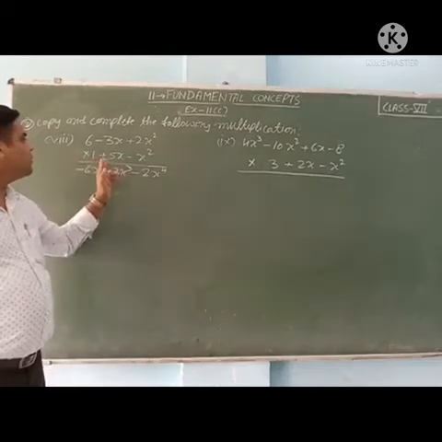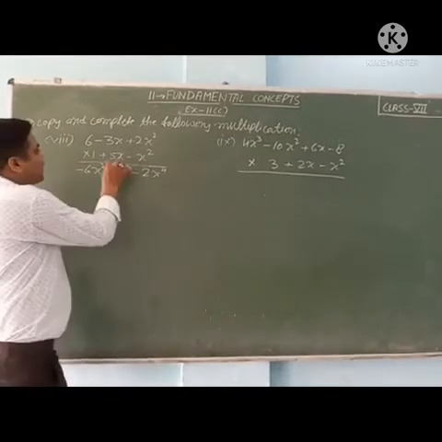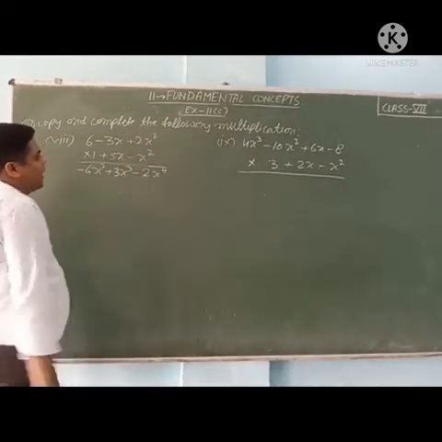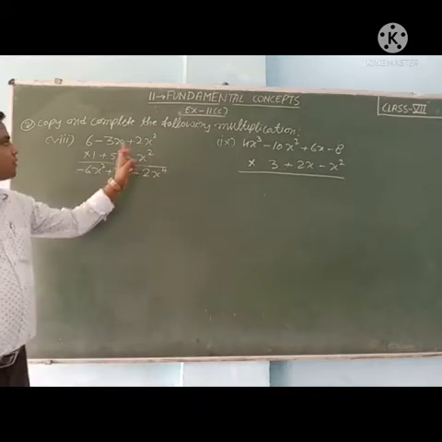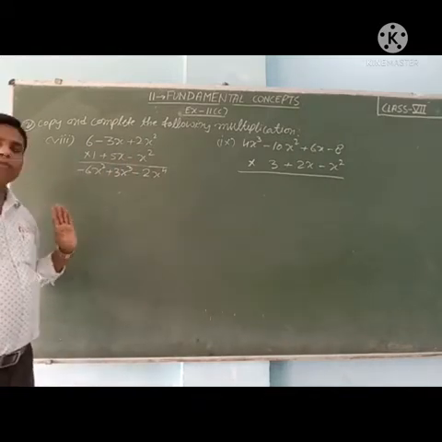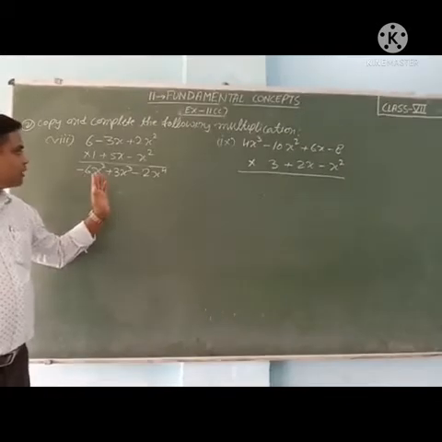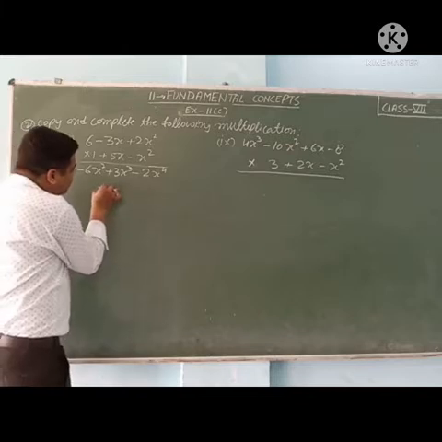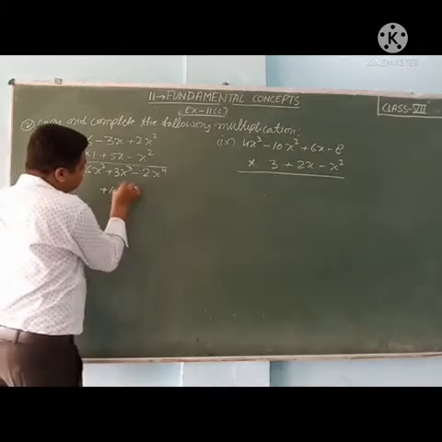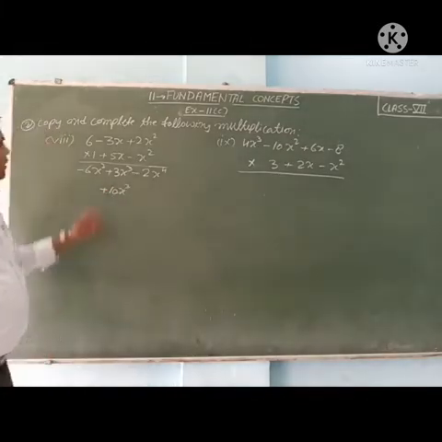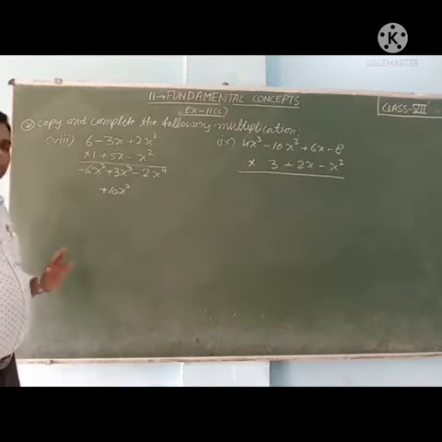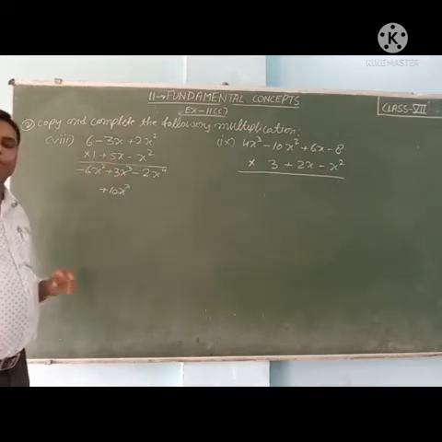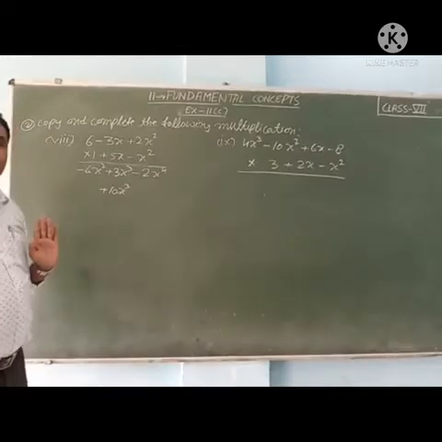Now multiply with 5x. Then 5 2s are 10x cube. Here power 1, here 2. So 10x cube is coming. So any other x cube in first multiply? Yes. So this we will write just under this 10x cube. Then plus minus minus 5 3s are 15x square. Any other x square?